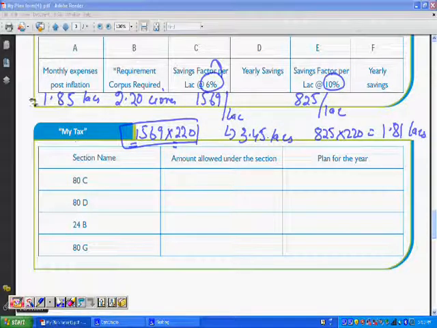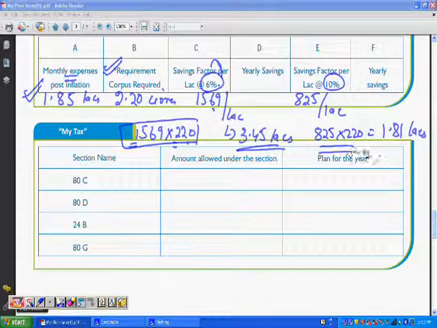So if you need 1.85 lakhs post inflation monthly expenses, you're looking at a corpus of 2.20 crores. If 1569 per lakh is saved from today at 6%, you'll reach 2.20 crores. So you multiply 1569 into 220, and you get yearly savings of 3.45 lakhs. If your investments are generating around 10%, you need to save 825 per lakh, which means 825 into 220, and you'll get 1.81 lakhs, right?